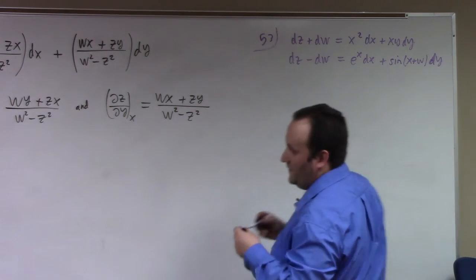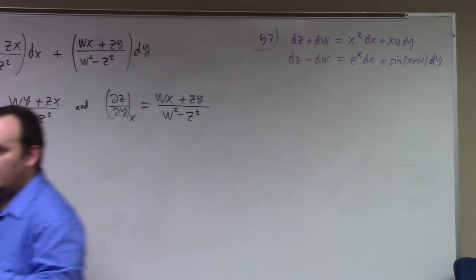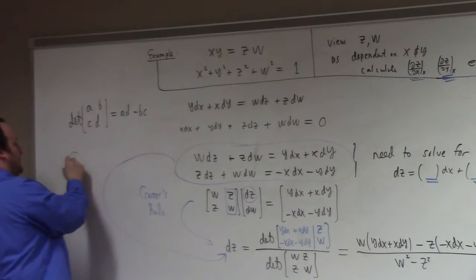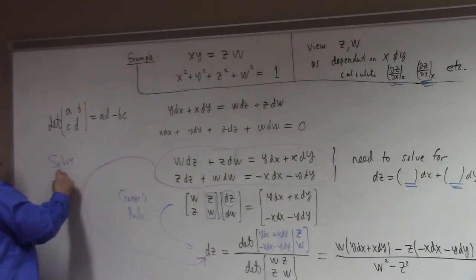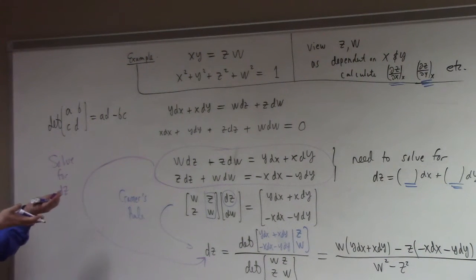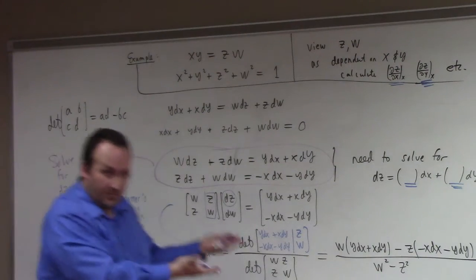All right, so for this problem here, it was necessary for me to use Cramer's rule. See, when I'm facing these equations, my goal is to solve for dz, right? I needed some kind of technique because it's a little bit ugly to solve for dz, right? My example is a little bit harder than your homework problem.